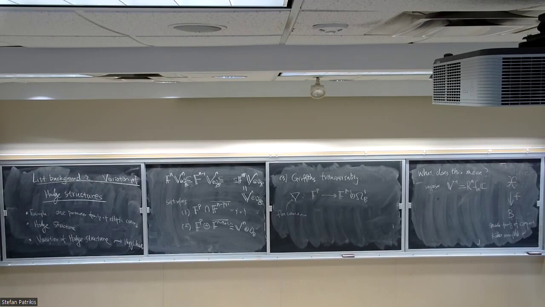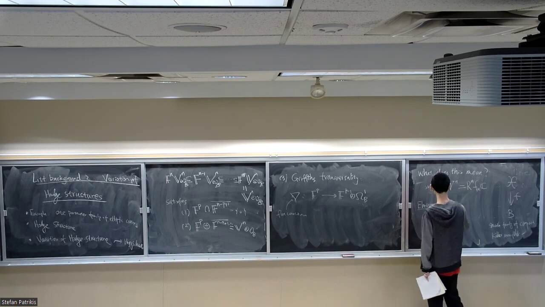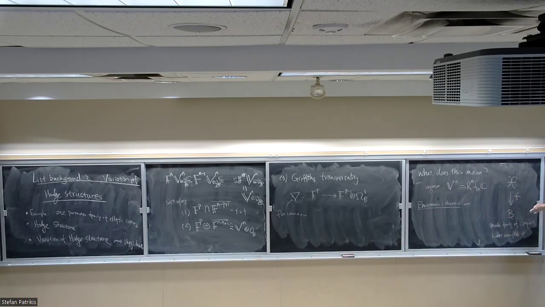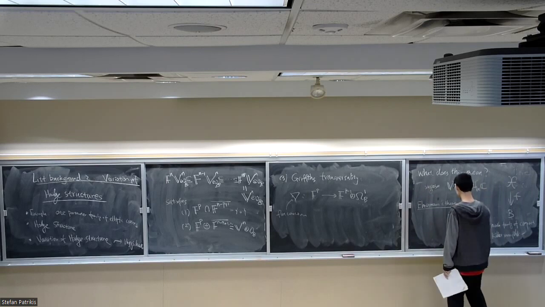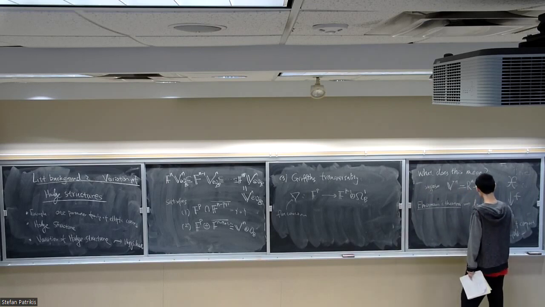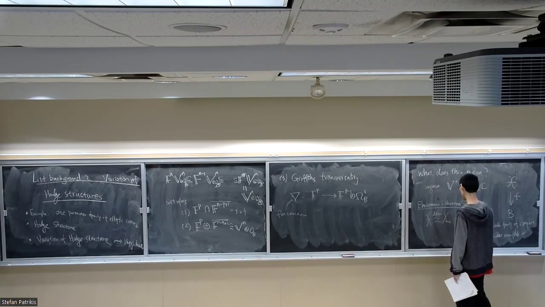This is where the local system comes from. By topology, there is the Ehresmann theorem, which tells you that locally this is just trivial as a real manifold, a diffeomorphism to the central fiber across the base.